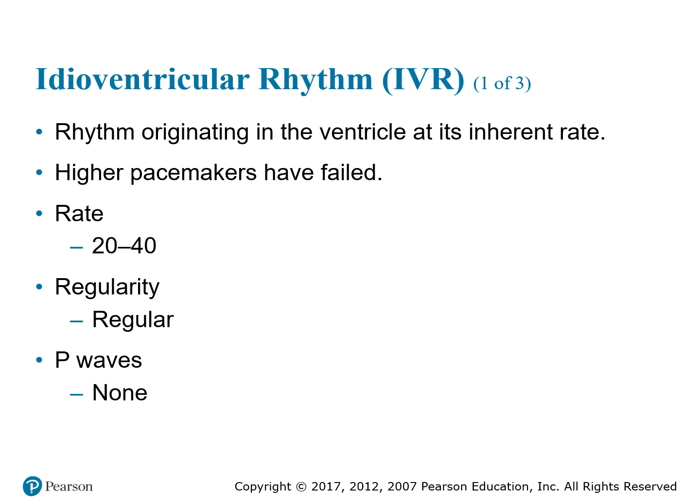A ventricular escape rhythm, or IVR, may also occur as a result of an acute coronary syndrome, digitalis toxicity, or metabolic imbalances. Because the ventricular rate associated with IVR is slow, with a loss of atrial kick, the patient may experience serious signs and symptoms as a result of decreased cardiac output.